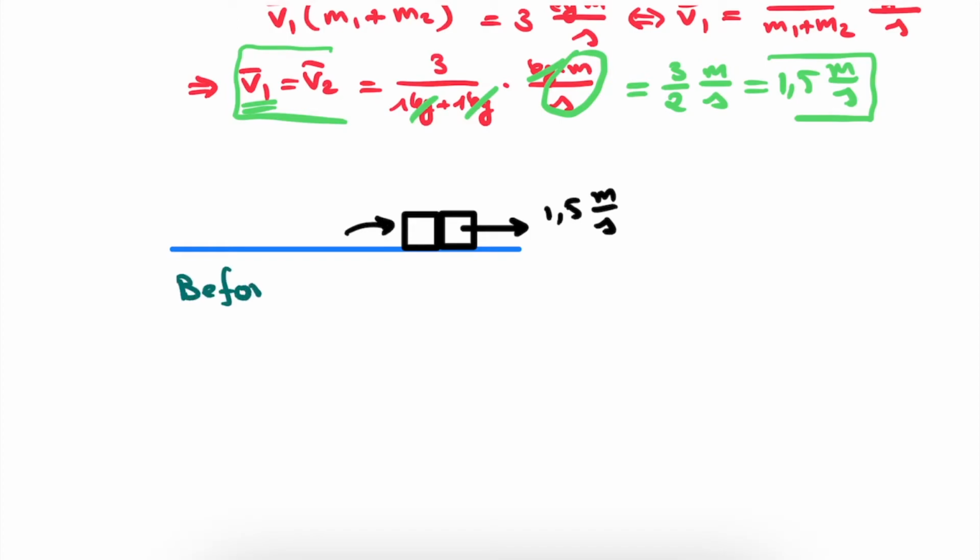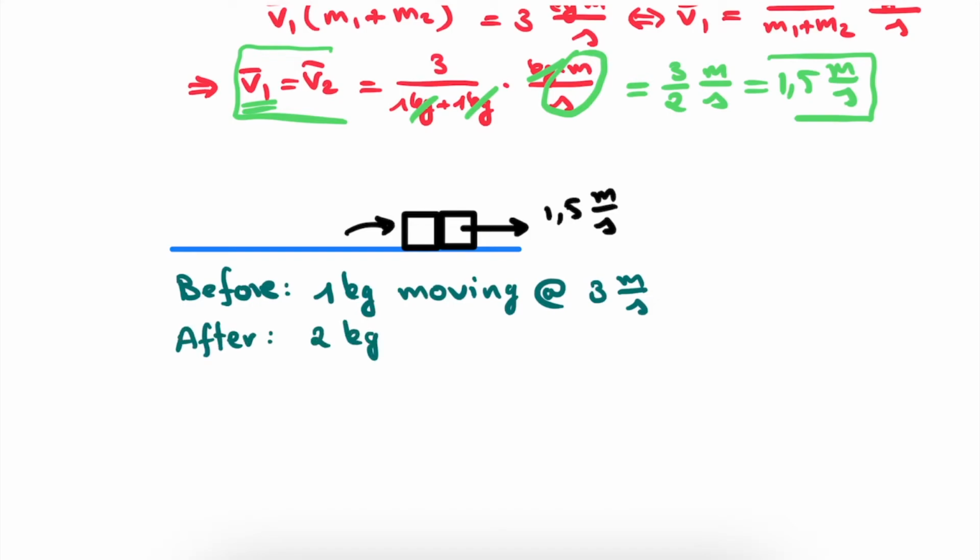And this is a very nice illustration of conservation of momentum, since before the collision, we had 1 kilogram moving at 3 meters per second, and the other one being at rest, and after the collision, we had 2 kilograms, so double the mass, moving at 1.5 meters per second, or half the velocity. So where the mass increased by a factor of 2, the velocity decreased by a factor of 2. And this is exactly conservation of momentum.